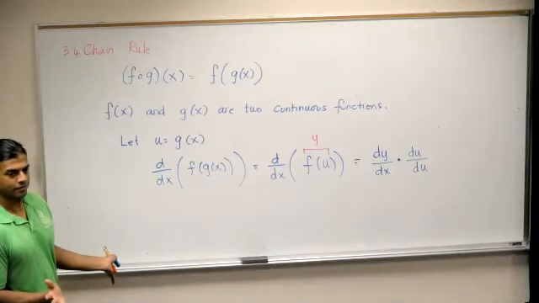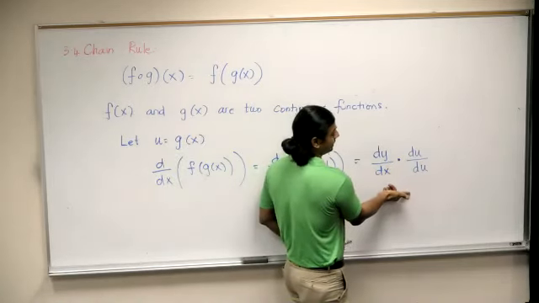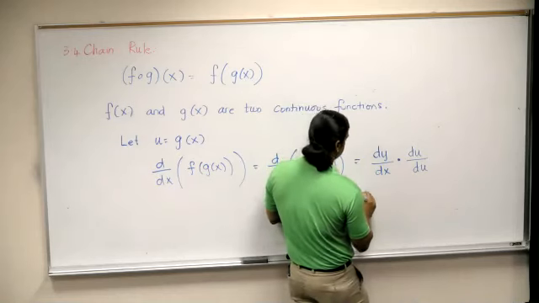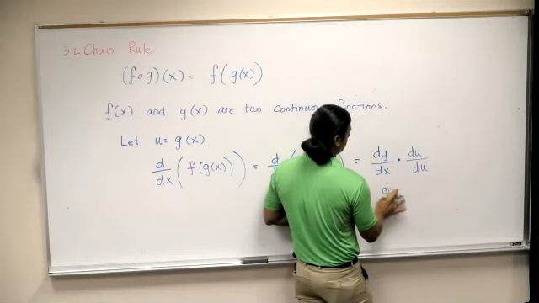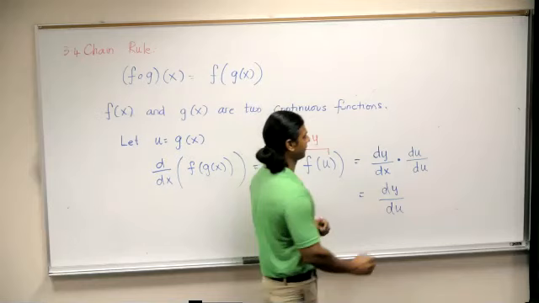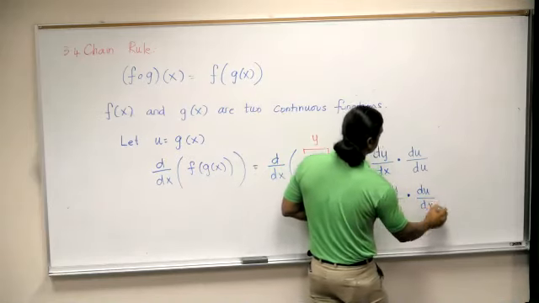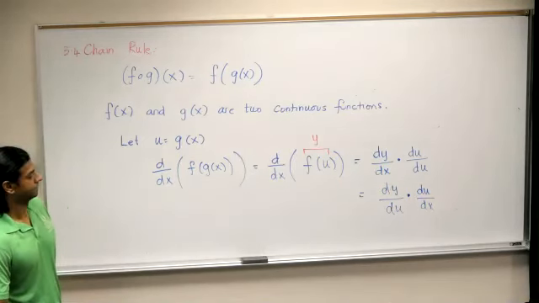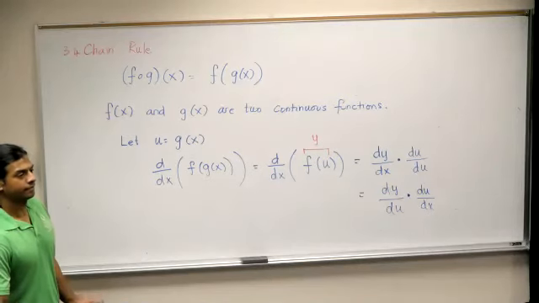I guess no. All I did is I multiplied and divided by du, which means I'm multiplying by 1. So now I could rewrite this as dy over du multiplied by du over dx. Good.